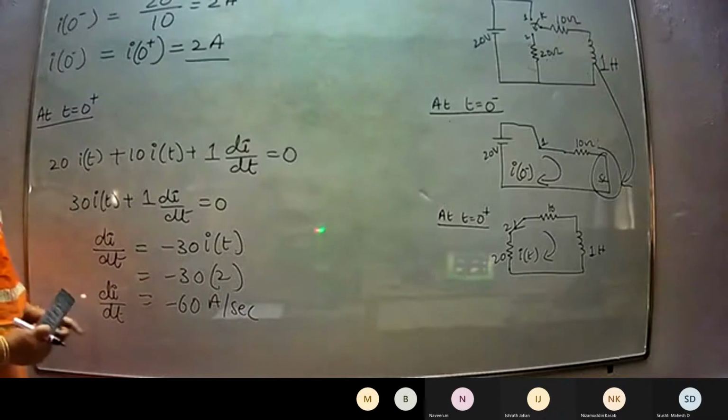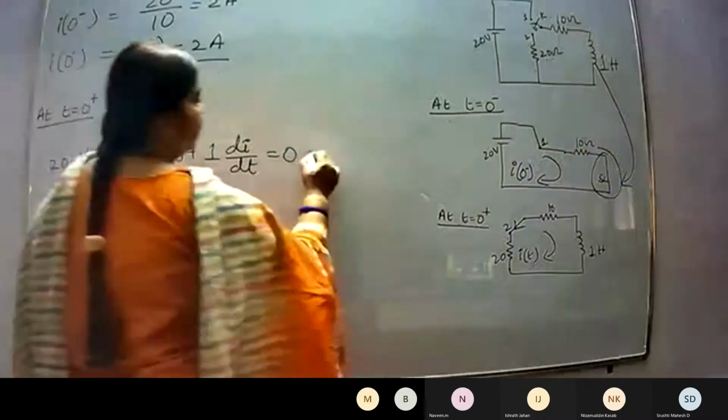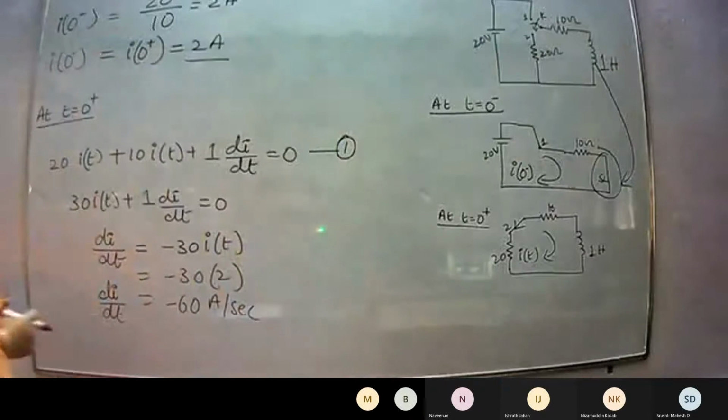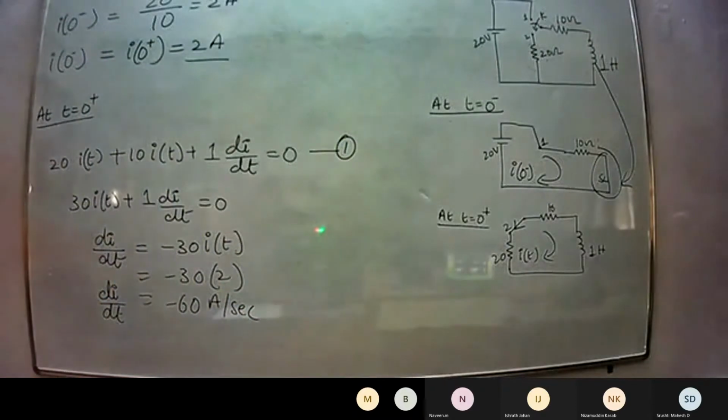So we got one derivative. Next we have to find the second derivative. Call this equation 1. How to find out the second derivative? It is nothing but differentiation of the first one.